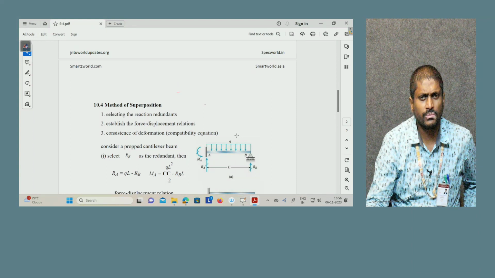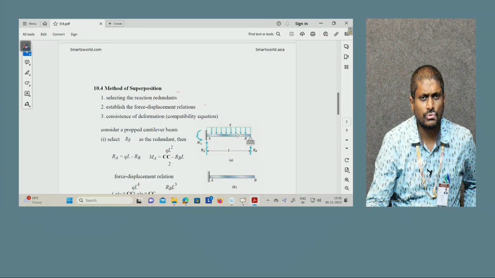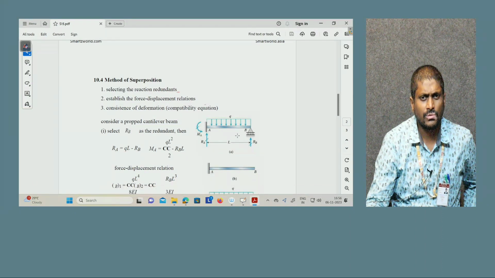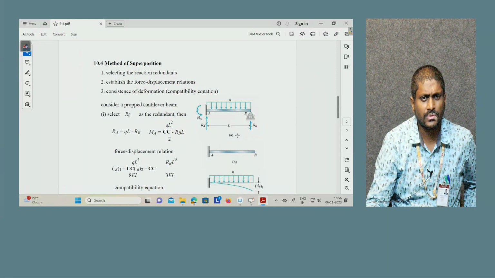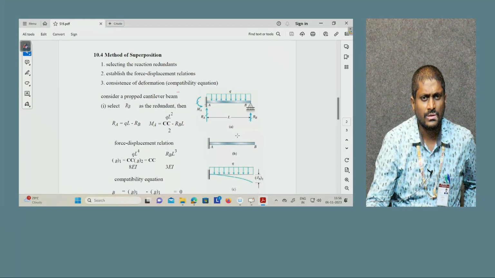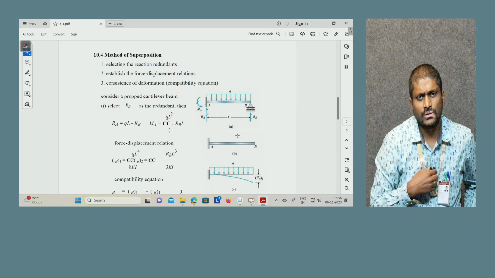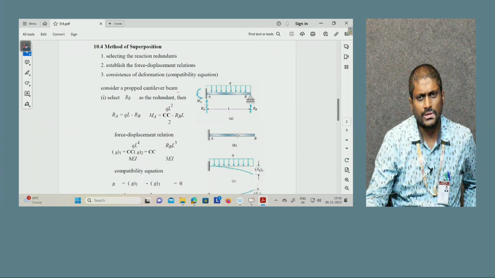Consider a propped cantilever beam, select RB as the redundant, then RA equals qL minus RB, MA equals qL square by 2 minus RB into L, force displacement relation, that is qL to the power 4 by 8EI equals RB L cube by 3EI.